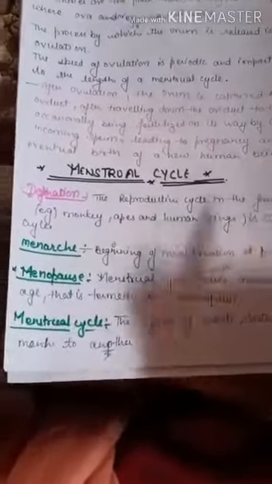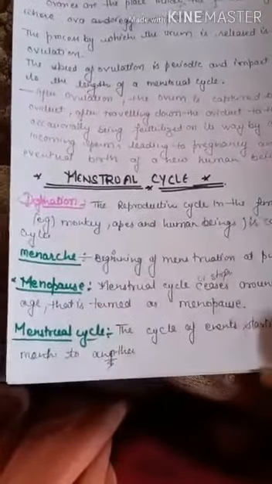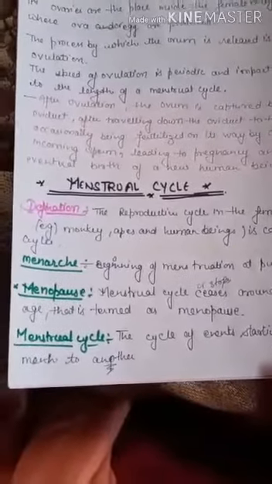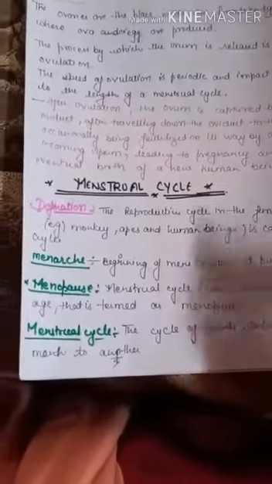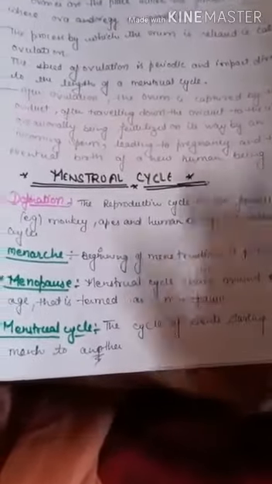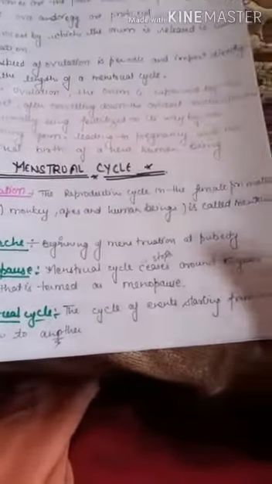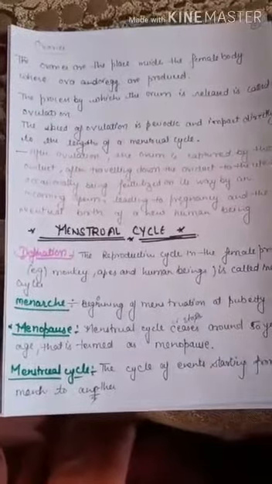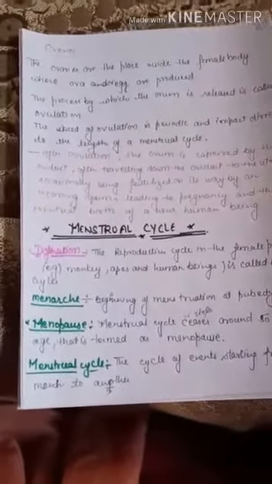So this is your reproductive system. And now we study the menstrual cycle. The reproductive cycle in female primates like monkeys, apes and human beings is called the menstrual cycle. Next, menarche, the beginning of menstruation at puberty.